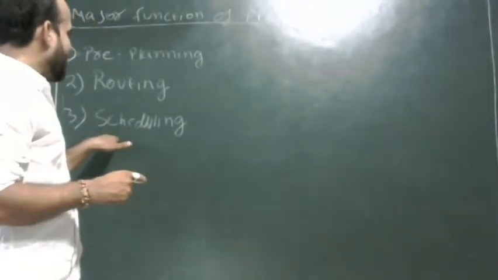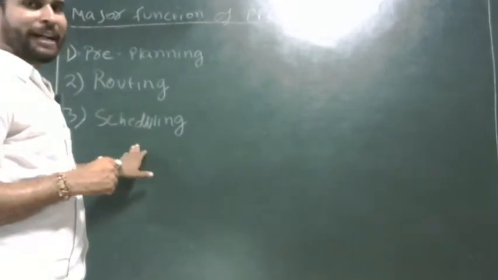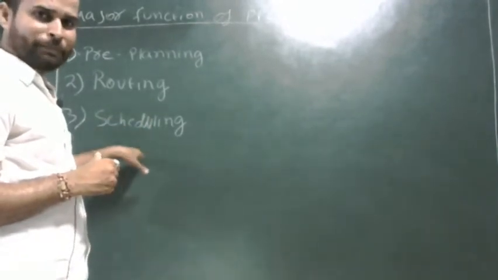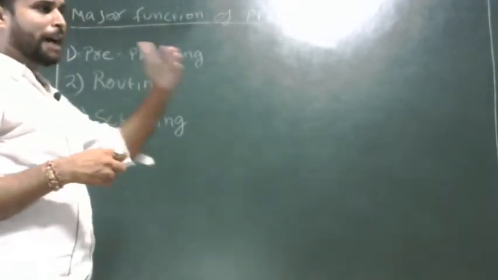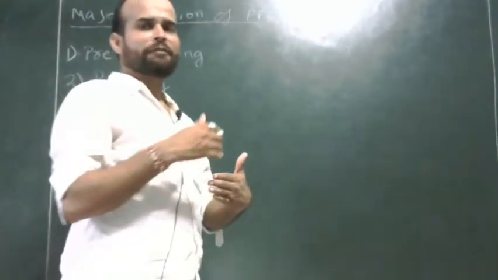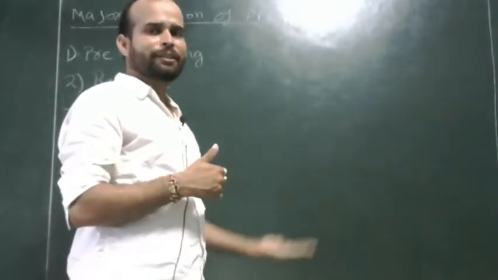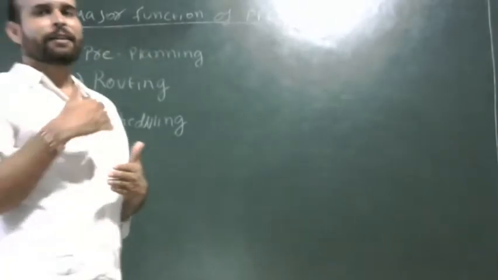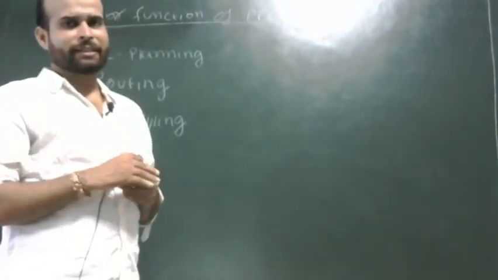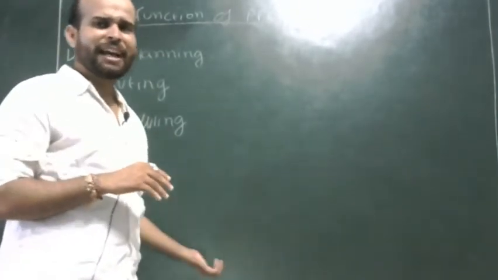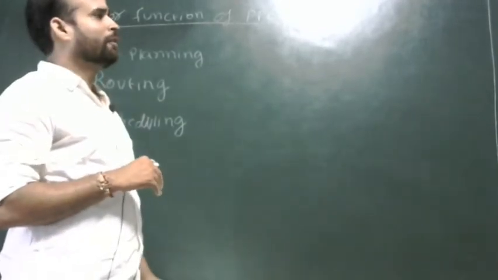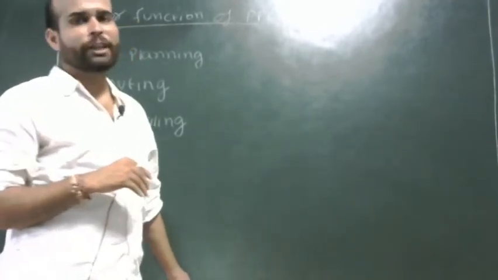This is also happening in production planning. Scheduling means after this thing, or after 5 minutes of lathe, you are going to do a milling operation on the part. This will help for your robotic operation.